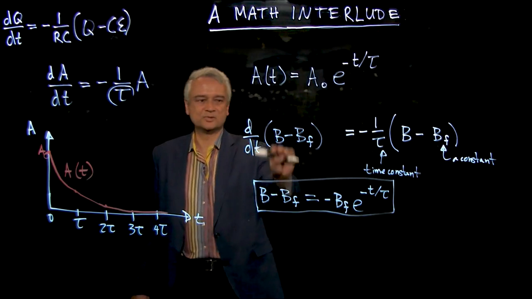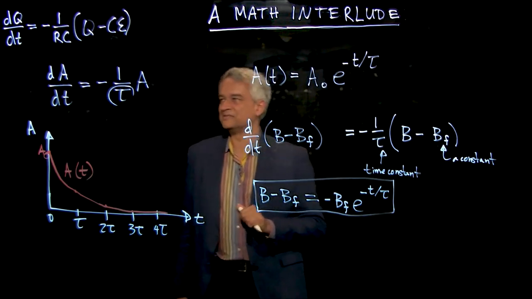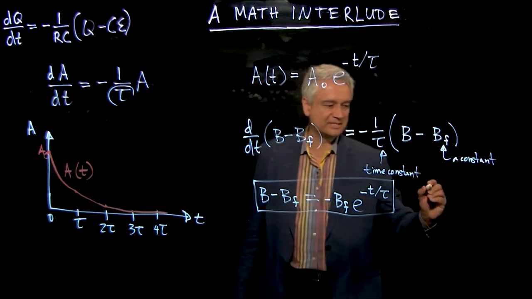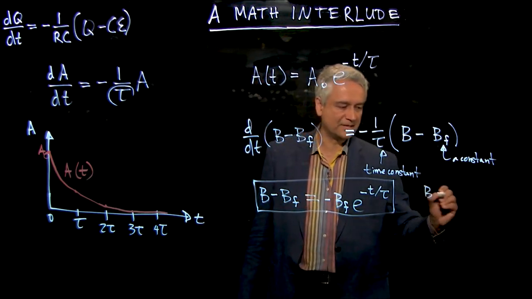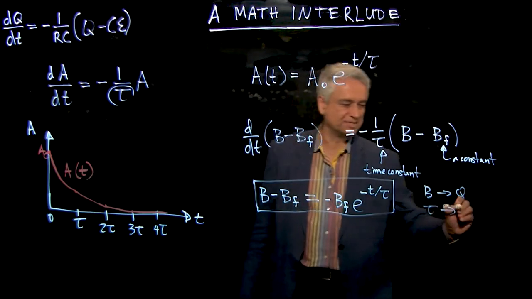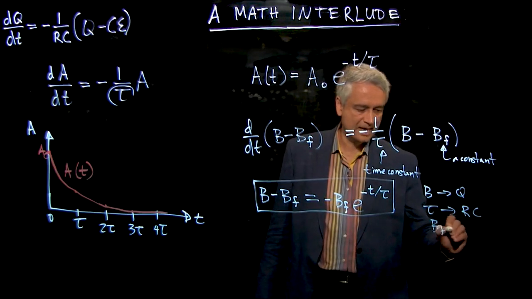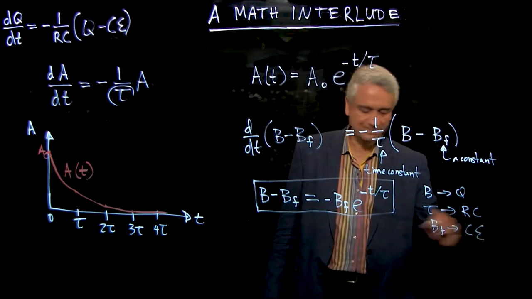This is the solution of this differential equation, the solution that I want. Now I need to relate to physics. So I'm going to change B back to Q, tau back to RC, and Bf back to C epsilon.